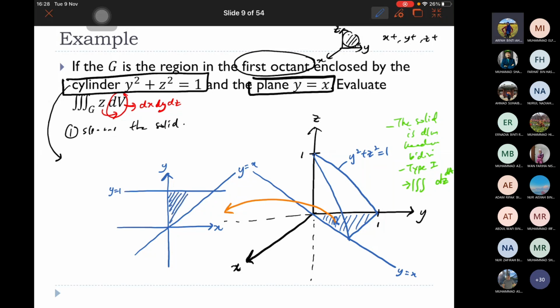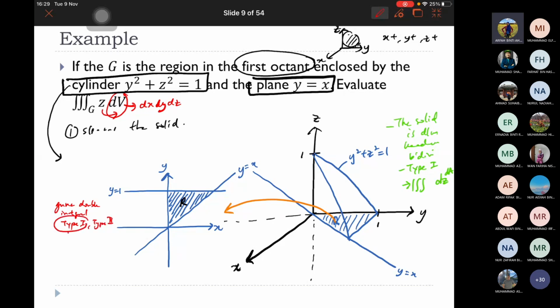So ini adalah dia punya region R. So yang ini awak akan guna double integral, yang kita ada type 1 dan juga type 2.